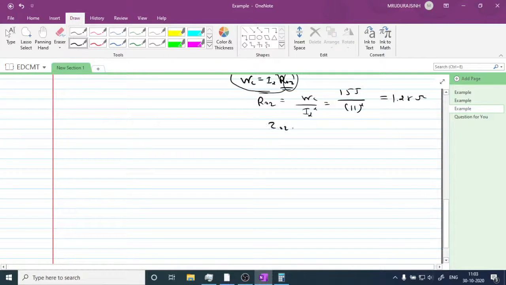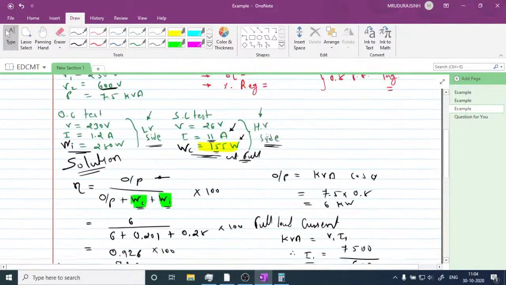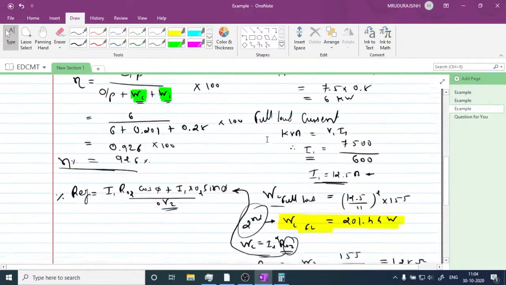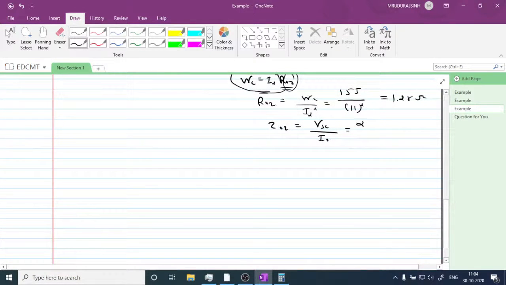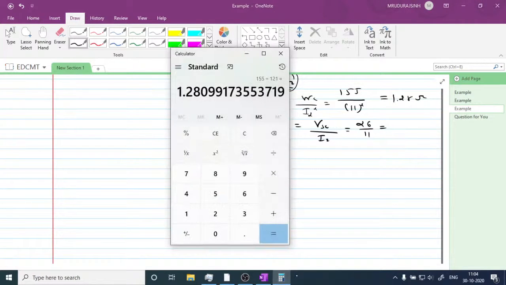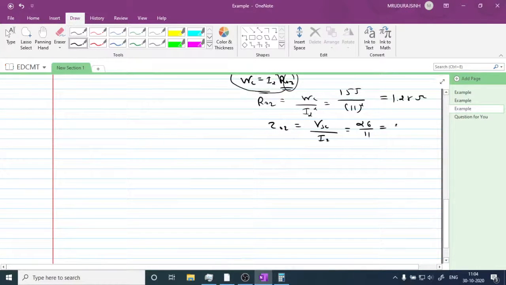Now we will go for Z02, because from Z02 we will calculate X02. So Z02 is VSC divided by I2, and the short circuit voltage is 26 volt and the I2 is 11. So 26 by 11 gives us 2.36 ohm.